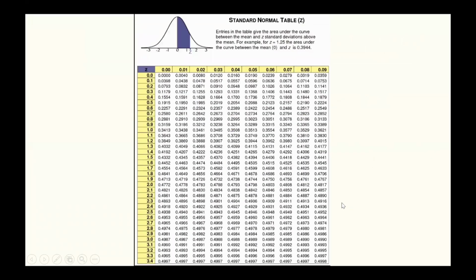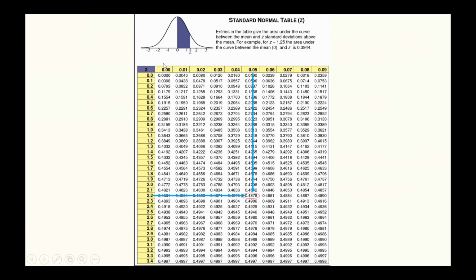Now, to get the area, we have to take note that we will be using the standard normal table for z. The given z there is z equals 2.25. Let us remember that the first column is the first 2 digits of z, which is 2.2.